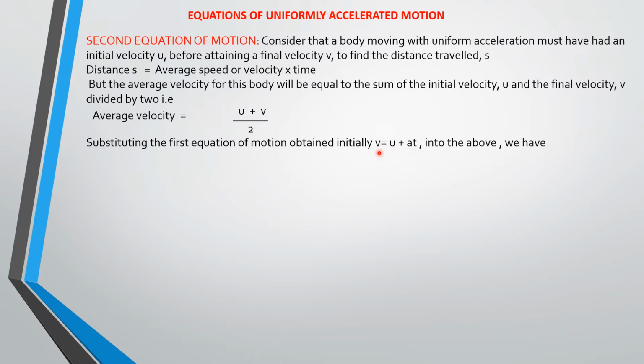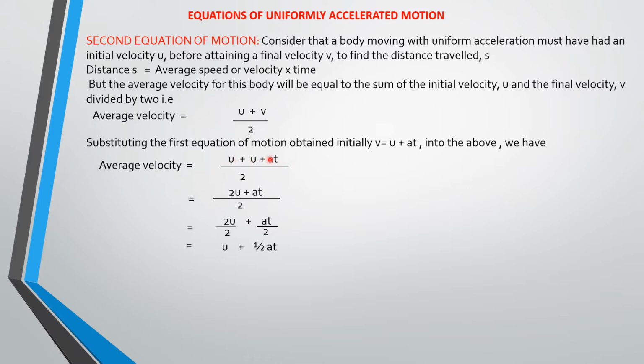So if you substitute this v, which is u plus at, into this equation, instead of having v here, put u plus at. Then the average velocity will be equal to u plus u plus at.